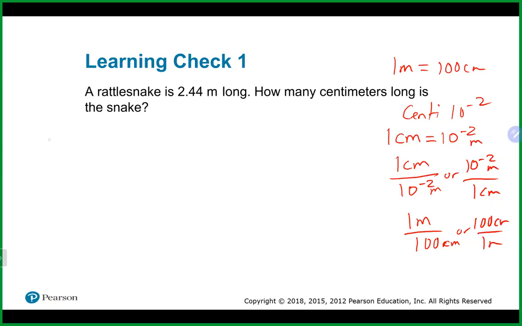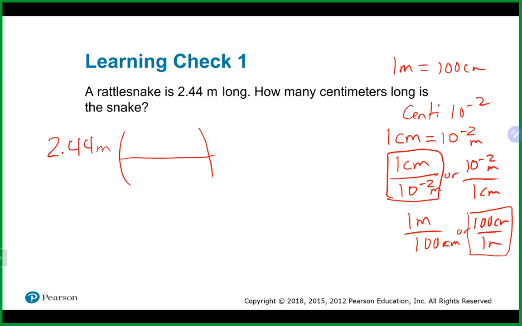So in this case, we're starting with 2.44 meters. Once again, we want to get rid of meters, so we're going to use the one where meters is on the bottom, either that one or that one, whichever way you like. So we'll go with 10 to the minus 2 meters is 1 centimeter. We're going to divide out the meters.